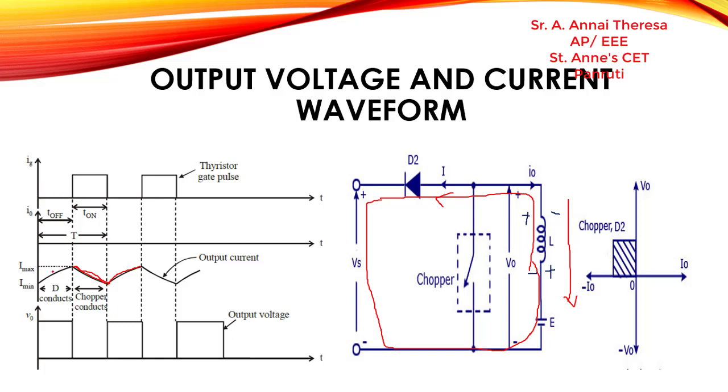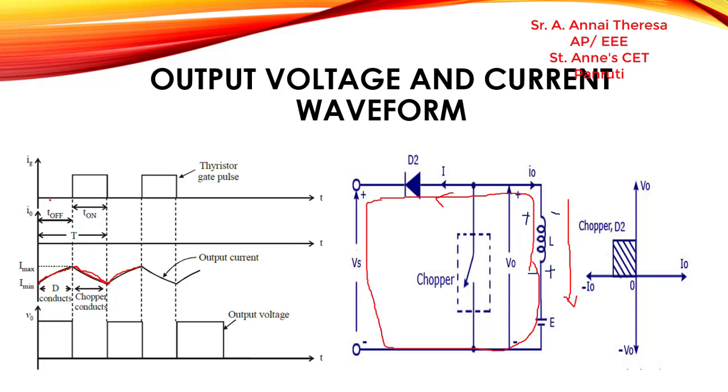When the switch is off, the inductor is discharging from negative to positive, and the output voltage we will get. So what we can conclude is that when the switch is on, the output voltage is 0 and the output current is in the negative direction.